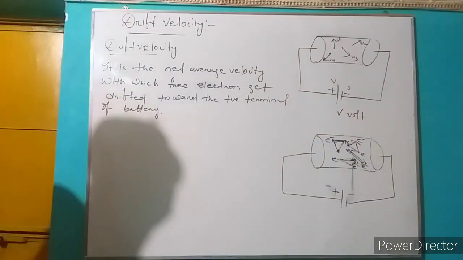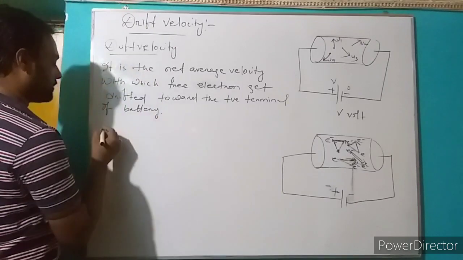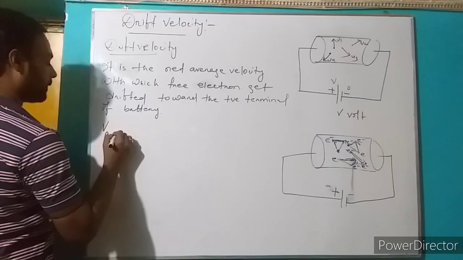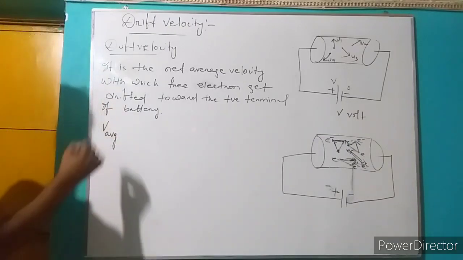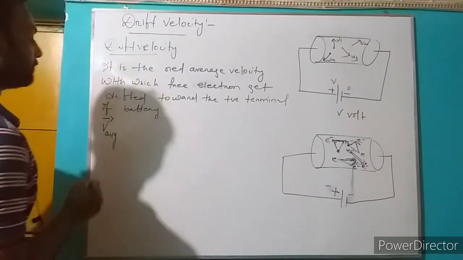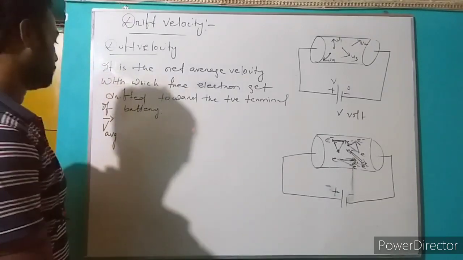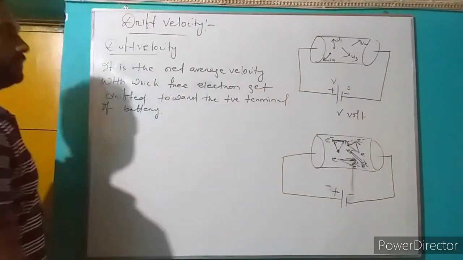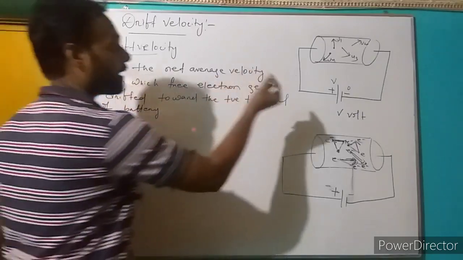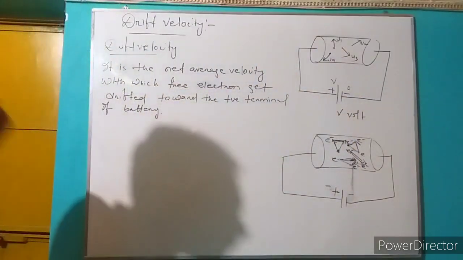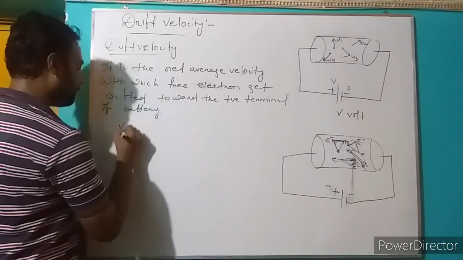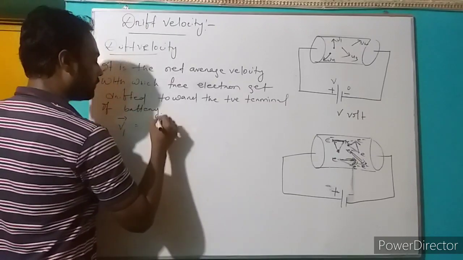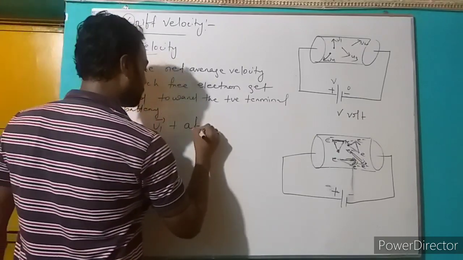So the average final velocity is given by V average equal to, according to kinematics, V equal to U plus AT. So we consider the first electron. The final velocity of the first electron, that means V1 vector, equal to U1 vector plus A into T1.